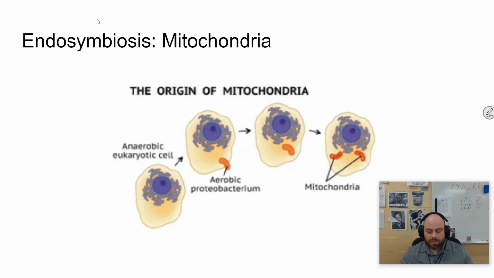And so the engulfed prokaryotic cell, rather than getting ingested, formed a kind of mutually beneficial relationship, whereas the anaerobic cell gave that small little cell protection, and the aerobic cell gave that bigger cell it was trapped by energy.